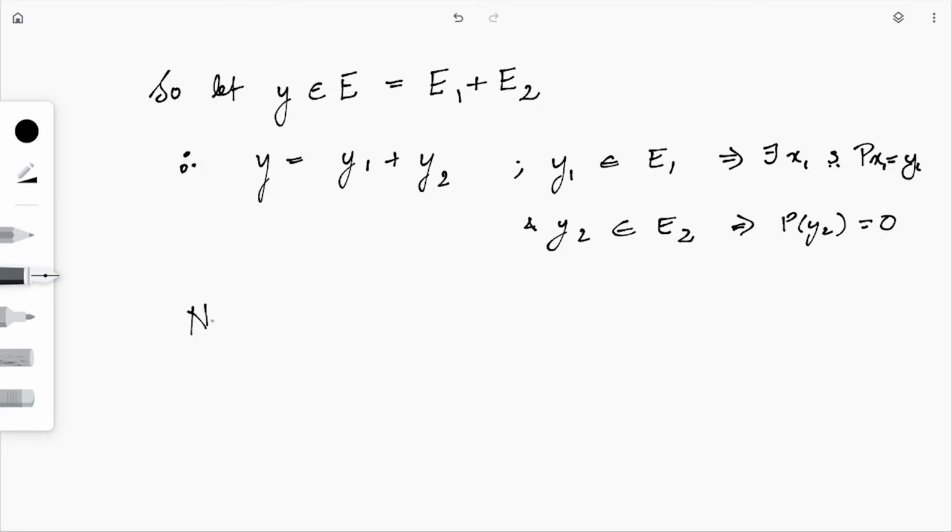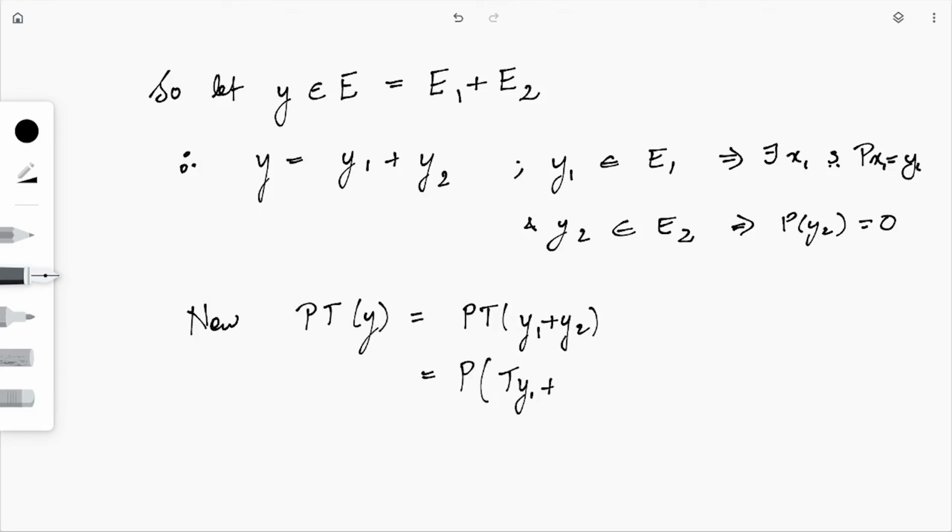Now let's see what is PT of y. Okay, this is nothing but PT acting on y1 plus y2. So this is P of T of y1, both are linear, right, plus T of y2. Now again P is linear, so P of T of y1 plus P of T of y2.